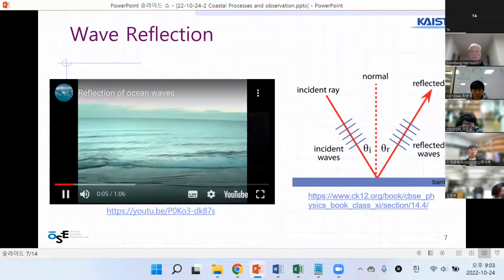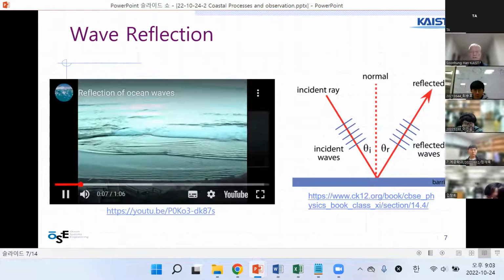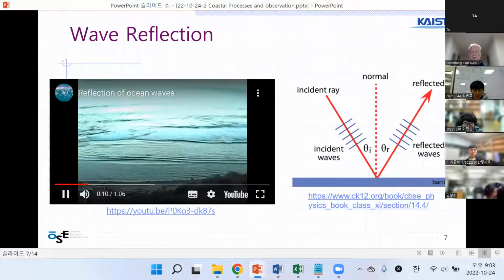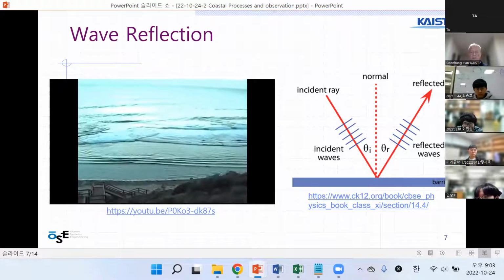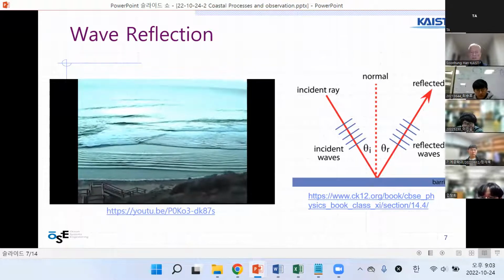Sun just set, and there's an incredible amount of physics to be learned looking at these waves going through shallow water.